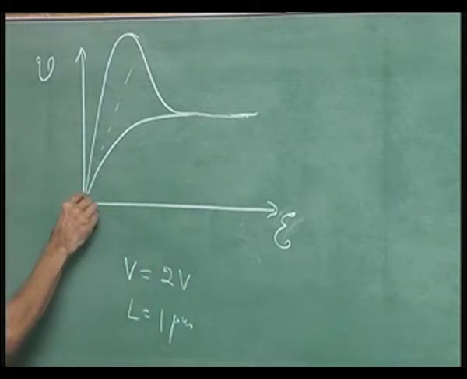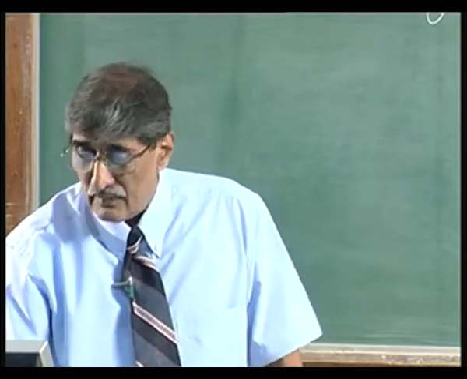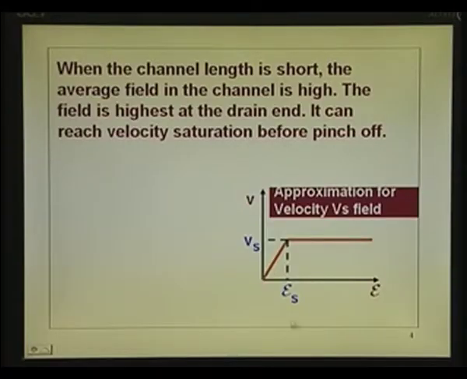So, instead of taking all these things, take the velocity field characteristics as shown in the graph there. Instead of plotting all those variations, do piecewise linearization. Avoid all those peaking and everything, and take it as linear up to a certain electric field.